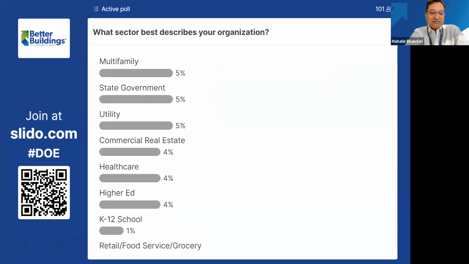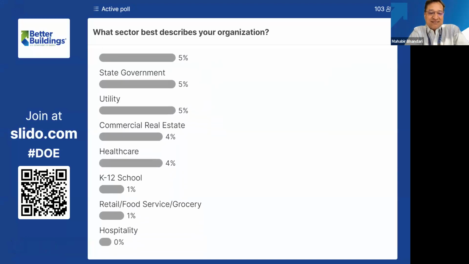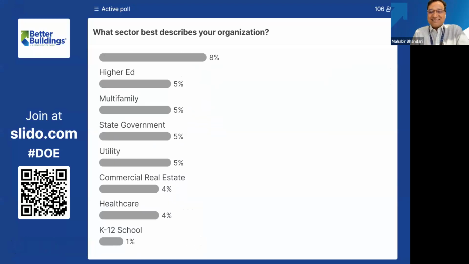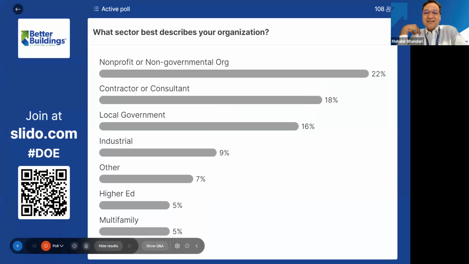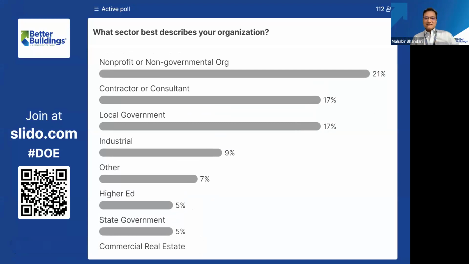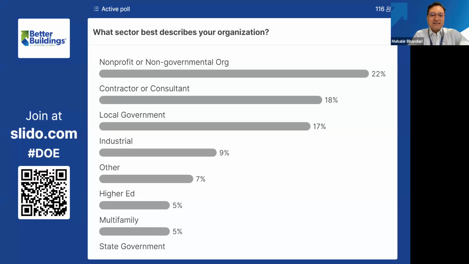We have some K-12 schools here, retail, food and grocery, and hospital is not yet. So mostly non-profit or government organizations. But thank you, everyone, for joining, and we're glad that so many different sectors are represented today. Non-profit is still on top, followed by contractors or consultants, local government, industrial, multifamily, and higher ed.